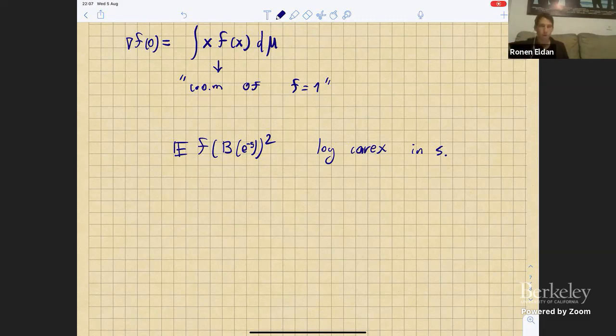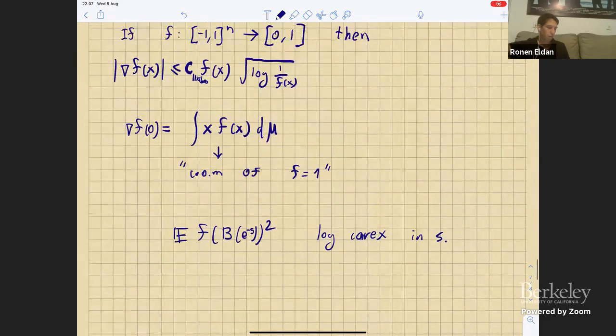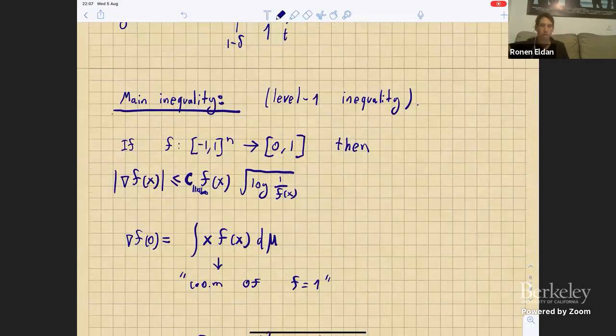Basically, you can derive hypercontractivity from this technique. What I called the level 1 inequality can be integrated along the process, and this gives you hypercontractivity. And hypercontractivity is equivalent to log Sobolev. I'm not sure if this is what you meant.